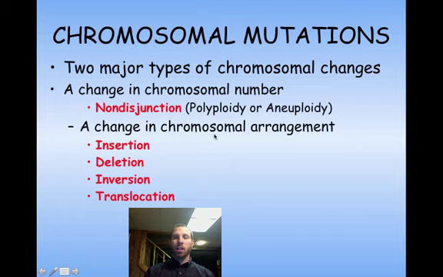There's 2 types of non-disjunction, which we'll talk about, polyploidy or aneuploidy, and a change in chromosomal arrangement: insertion, deletion, inversion, translocation. But as you'll see as we go through here, these are not just changes in single nucleotides within the sequence. These are changes in entire genes or entire chromosomes.